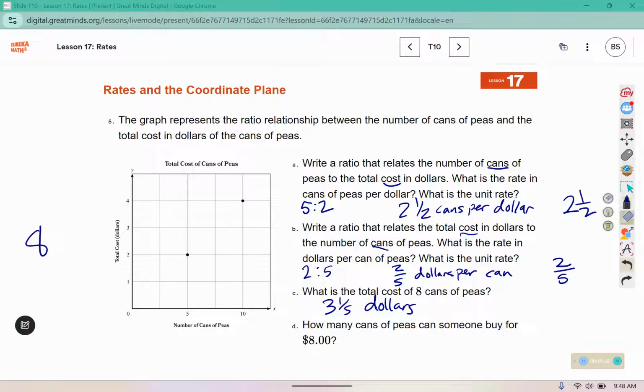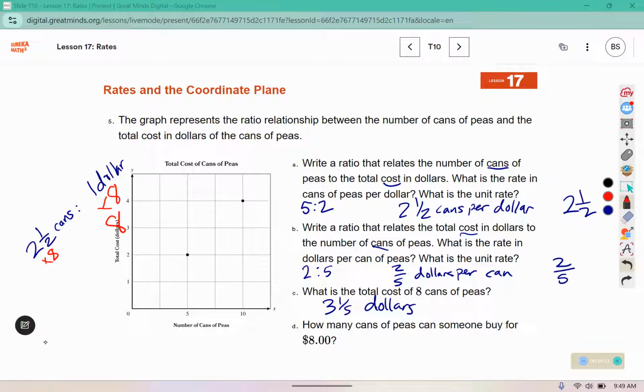So we know 2.5 cans for $1. And we want $8. So we're going to multiply by 8. 2.5 times 8.